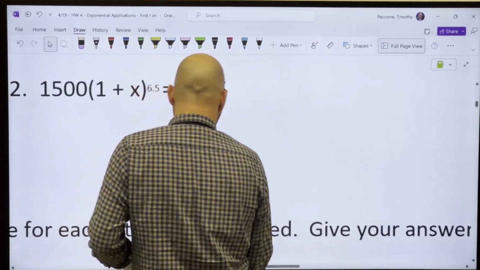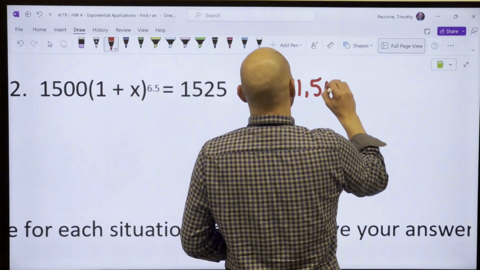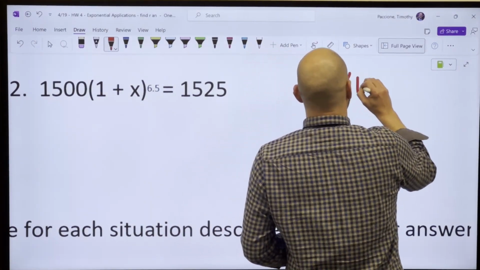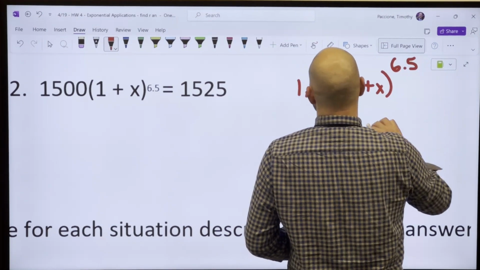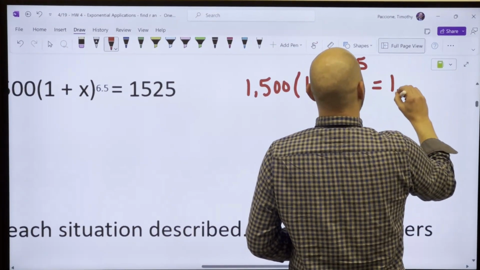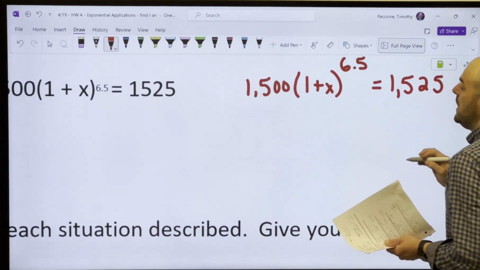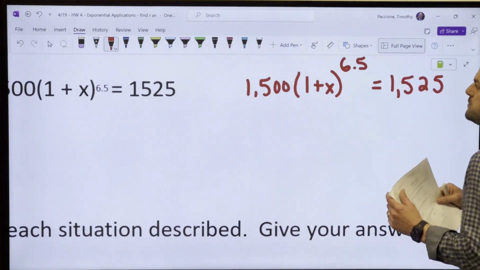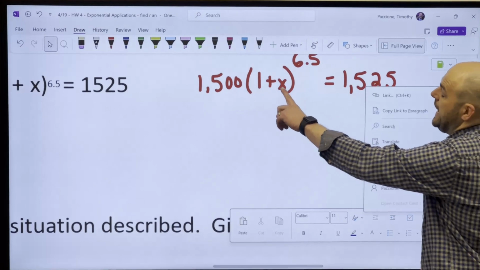And in fact, I don't like this font enough that I'm going to write it over here again. 1,500 times 1 plus x to the 6.5 equals 1,525. All right, so we want to find x, right? And spoiler alert, that's soon going to be an r in these problems. We want to find x.